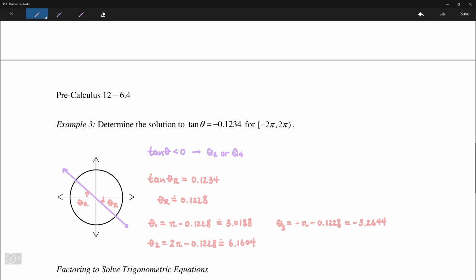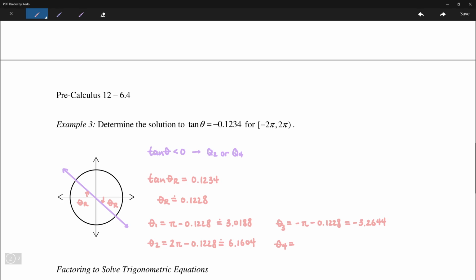And finally, the last answer will be, again, starting at 0, going clockwise all the way around, and then a bit more. Actually, that's not the case, is it? No, sorry.